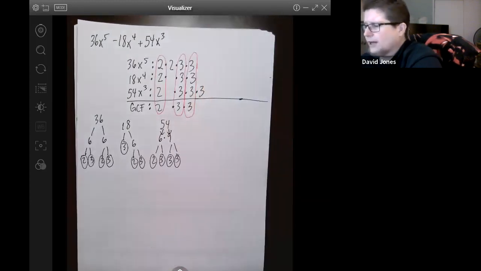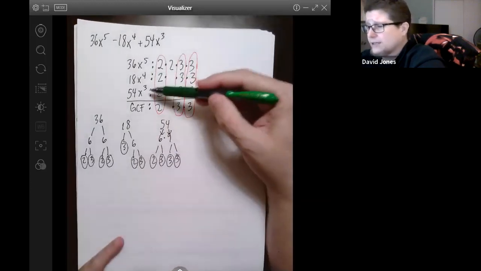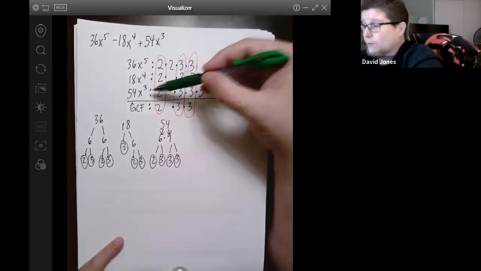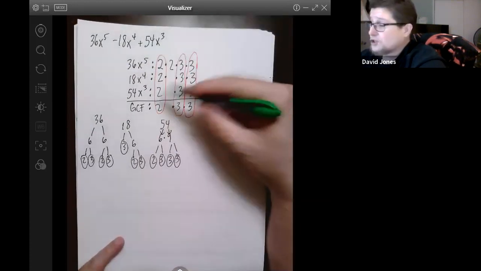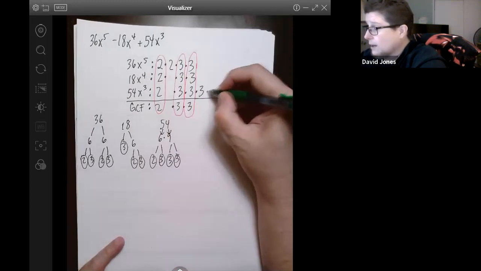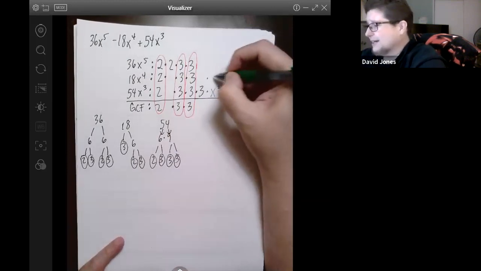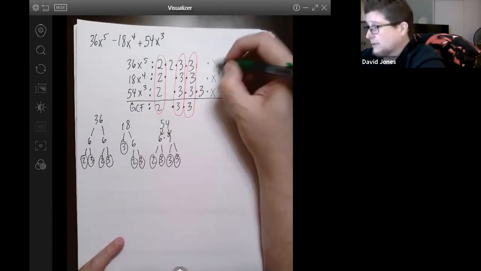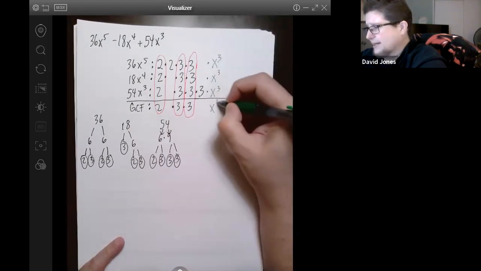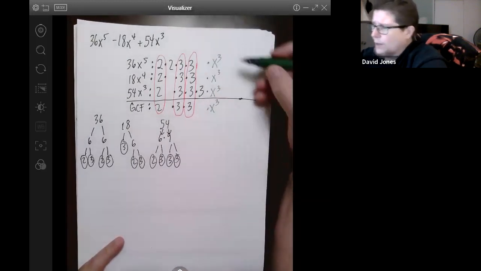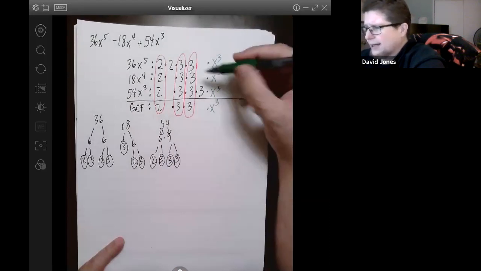And now we look at our x's, pick the one that has the lowest power or exponent. The one that's lowest, if you've done them in descending order, it should be the one on bottom, x cubed, which means they all have an x cubed. And that will be part of our GCF. And what do I need to multiply x cubed by to get x to the 4th?